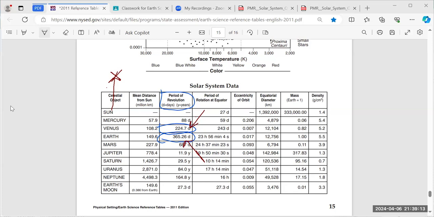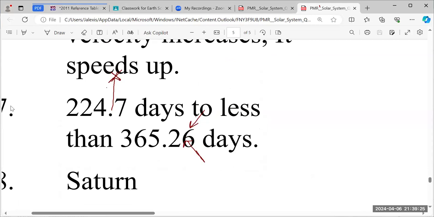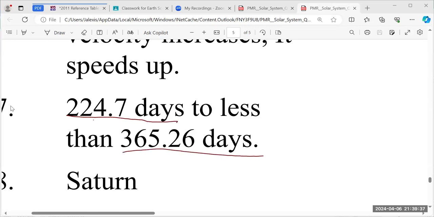They're asking for just one number, not a range. So if you said any answer that is between 224.7 days and 365.2 days, you are correct. It has to be in between these two numbers, not including these days.